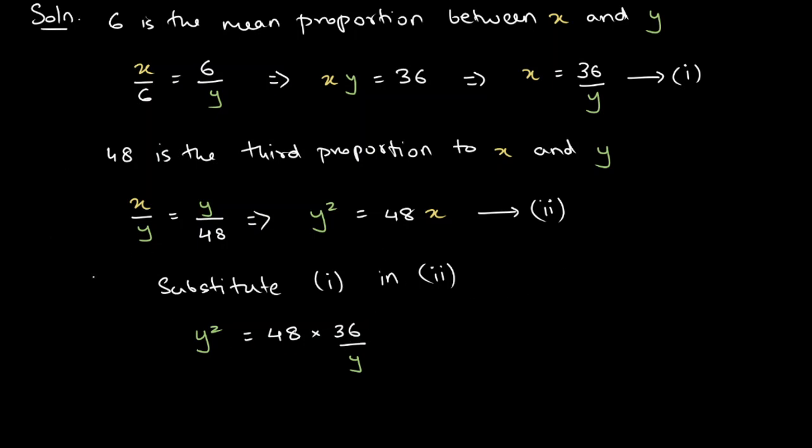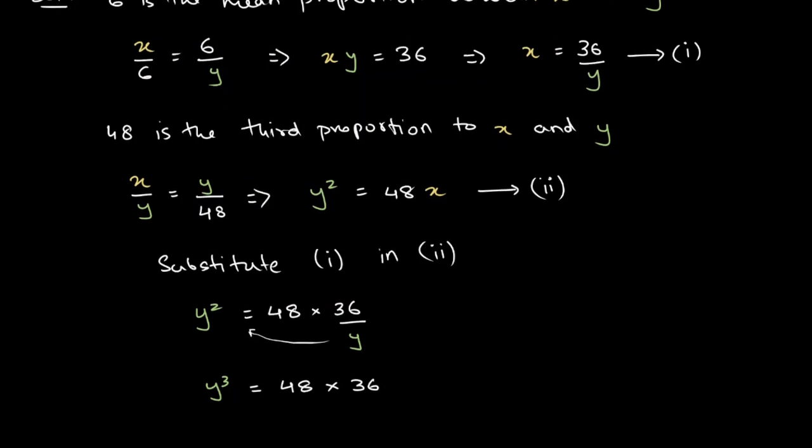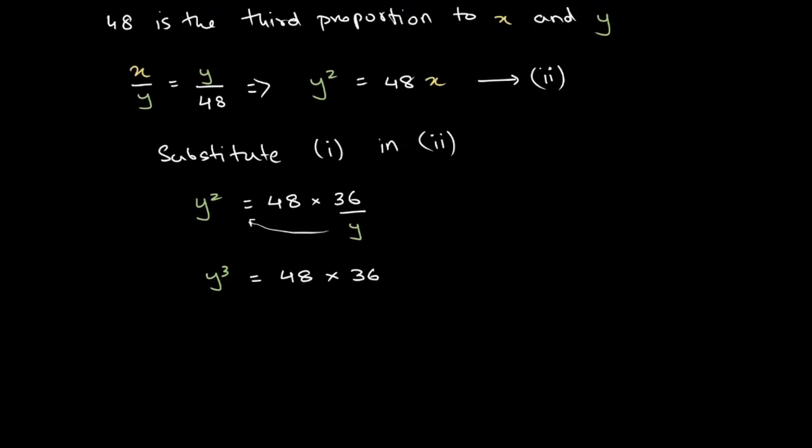I have y in the denominator. If I take it to the other side of the equation, it becomes multiplication. So I end up with y cube is equal to 48 into 36. Instead of multiplying 48 and 36 and then factorizing, I know 36 is 6 into 6, and since I want y cube, I need three 6's, so I'll make 48 as 8 into 6.